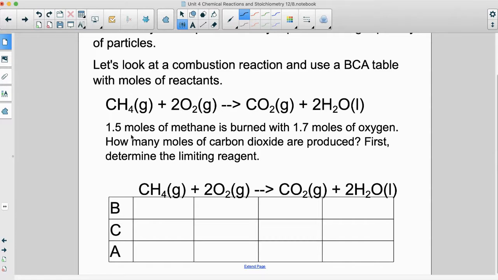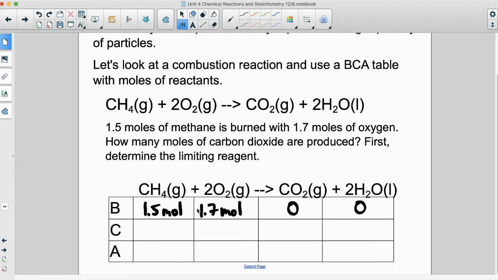So here, 1.5 moles of methane, we'll put that in here. 1.7 moles of oxygen. And these are 0 initially. Okay, we have no products to start with.